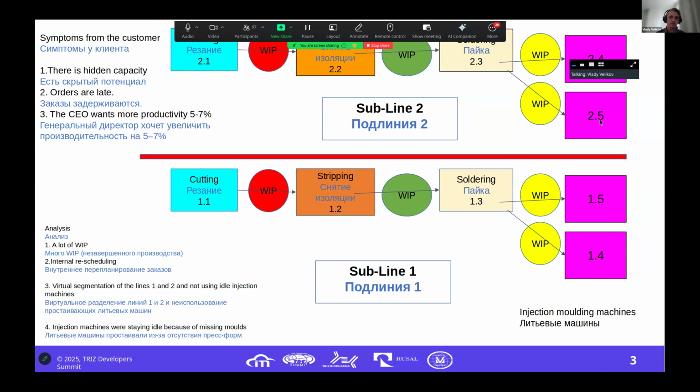Sometimes this fragmentation is good, but in this situation not, because we saw in the analysis that they have injection machines which are not working, in idle state. Why? Because let's take model 100.